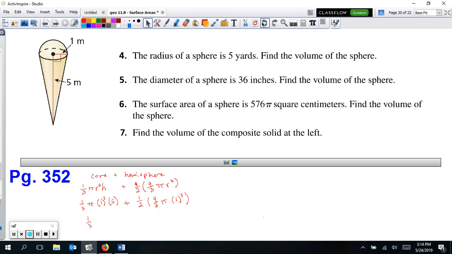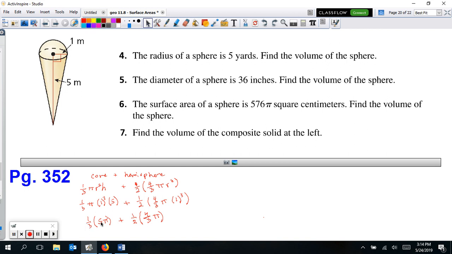So we're going to see 1/3 times 5 pi really here. And it's going to be added to the 1/2 times, inside here, just 4/3 pi because this is just a 1. So it's just 4/3 pi there.